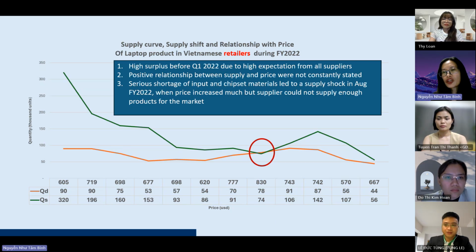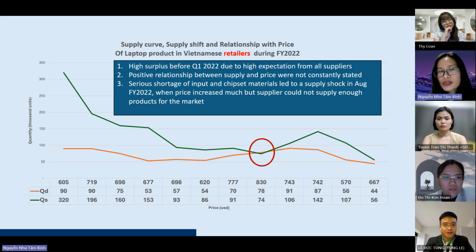So we have some conclusions here. The first one is that the high surplus before Q1 of 2022 was due to high expectations from all suppliers. And the positive relation between supply and price was not consistently observed during the year.